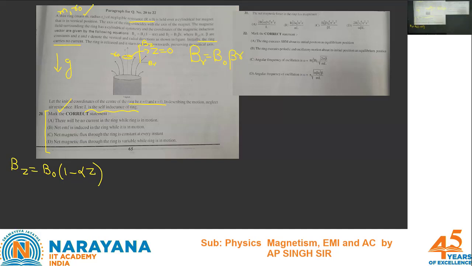So let us think step by step. Now, as you drop that ring, because of g, it will start coming down, and as it starts coming down, the radial magnetic field will not generate any flux across the ring, but the axial magnetic field will have some flux which will increase as you come down.